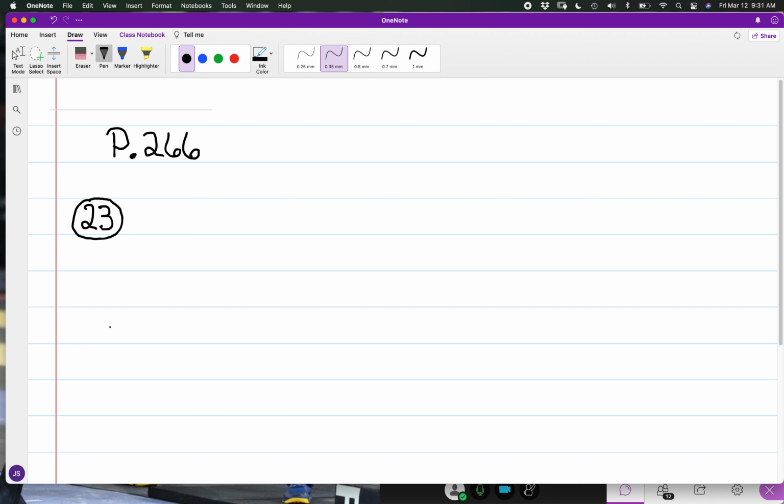And now for what we have on page 23, you have a given function, provided in expanded form. So we have f of x is equal to x cubed plus 2x squared minus 25x minus 50.